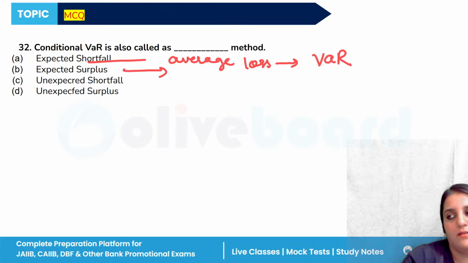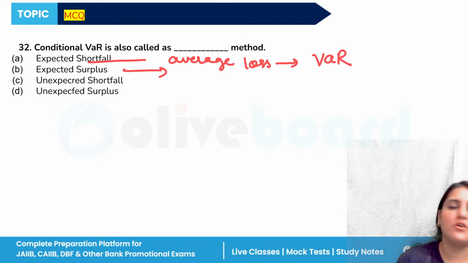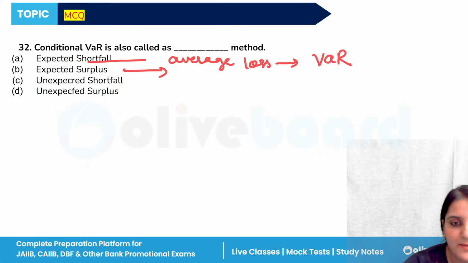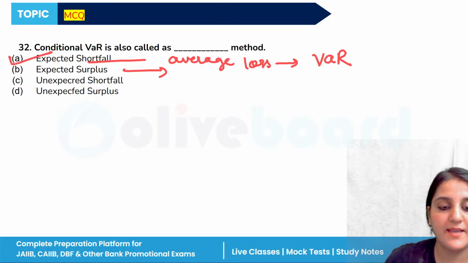And surplus is very less commonly used in risk management because it does not have a standard definition. It is the gain that an asset achieves by exceeding a certain limit, but it does not have any relationship with risk measures like conditional value at risk. So here we can say option A is correct, that is expected shortfall.